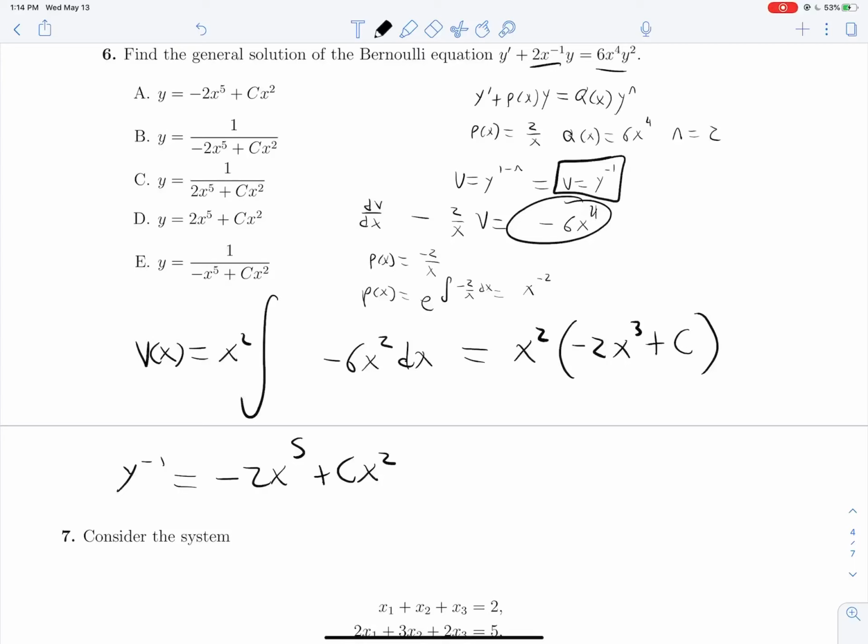And then putting this in terms of y, we just have y is equal to 1 over negative 2x to the fifth plus cx squared. And that is B for number 6.